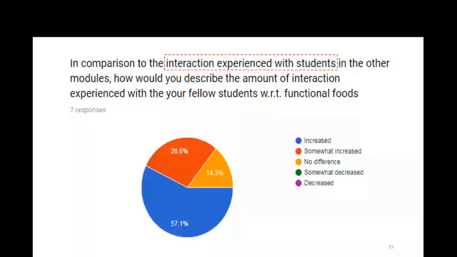So it was important for me to see, are they interacting, because they don't know each other like our students that see each other every day in a class setting. So they indicated that the interaction between themselves increased with about 57%. To me, it was great because it meant that my design worked in that particular instance.